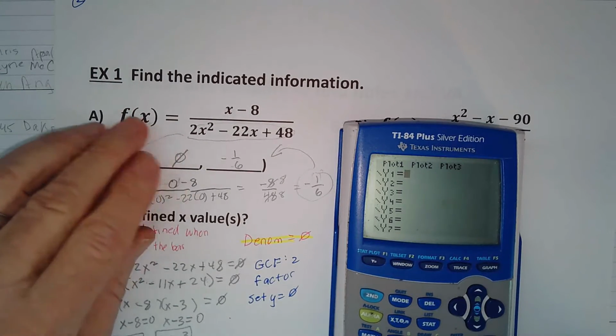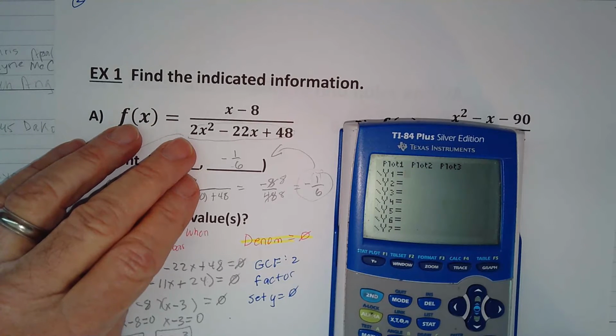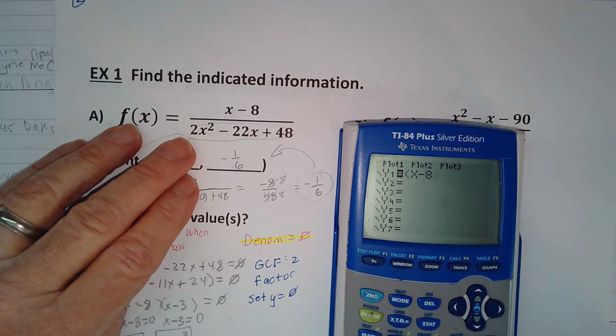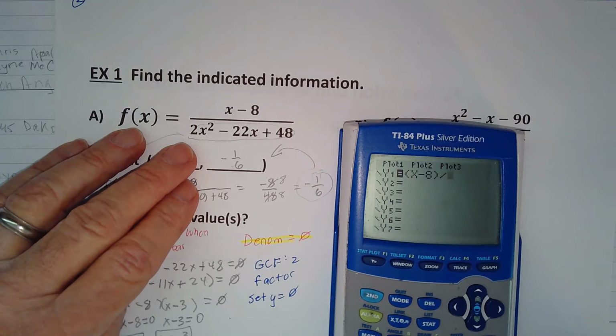So y equals, and then I'm going to put parentheses, and then x minus 8, close the parentheses, division sign, and then parentheses.